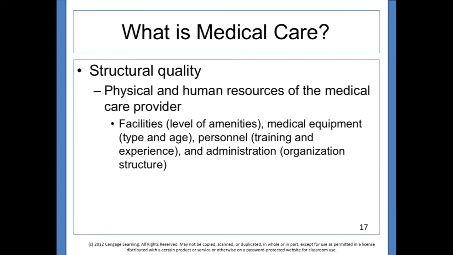Structural quality is related to the physical and human resources of the medical care provider. For example, basically the facility level, amenities or medical equipment, the type and age of the equipment.